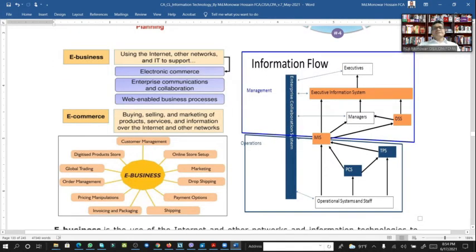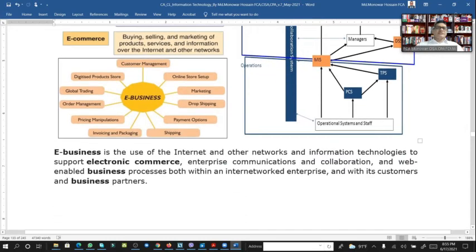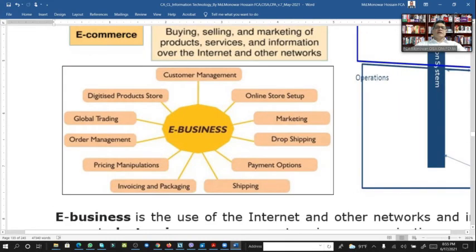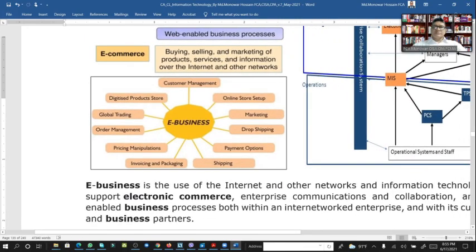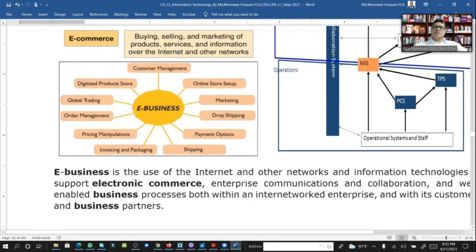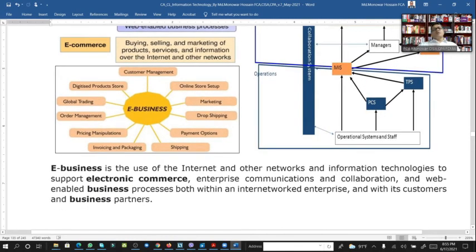And e-business uses the internet, other networks and IT support for electronic commerce, enterprise communication and collaboration, enabling business processes. E-commerce means buying, selling and marketing products, services and information over the internet and networks. In e-business, if you see here, there is customer management, online store management, marketing, drop shipping, payment, order shipping, pricing management, order management, and global trading, with sales within the country, outside the country, and worldwide.